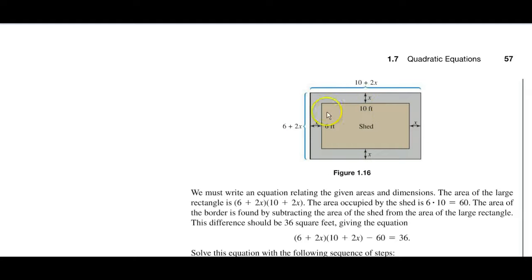And notice that for the overall length of this, it's going to be 10 plus this x plus this x. So 10 plus 2x. And your width is going to be 6 plus this x, and this x is this.